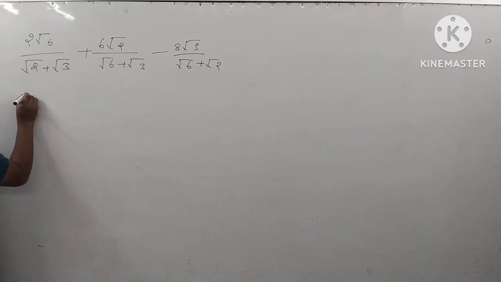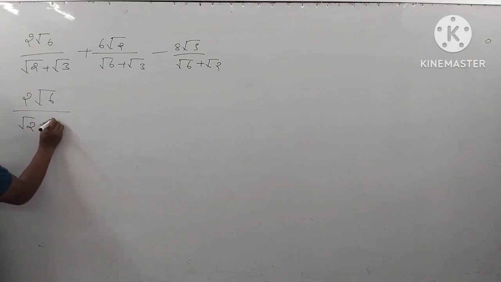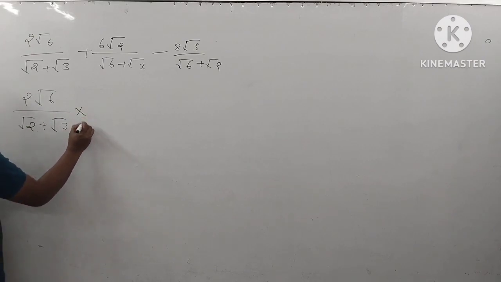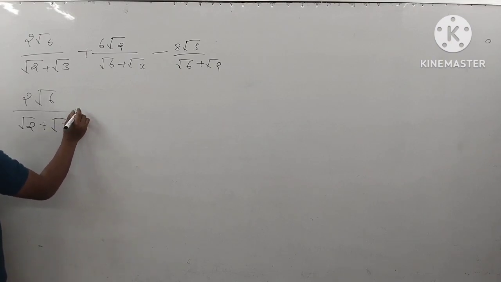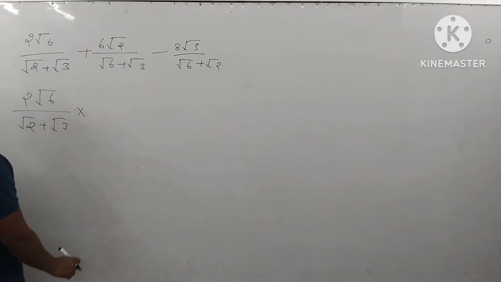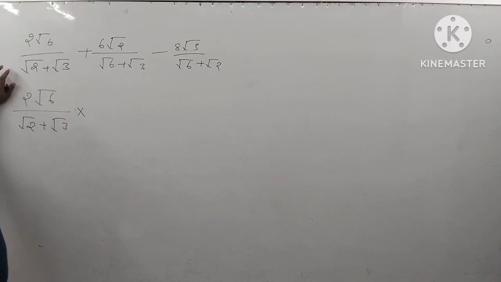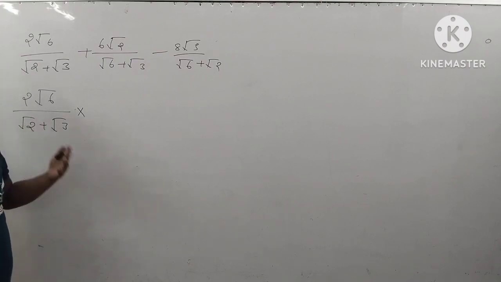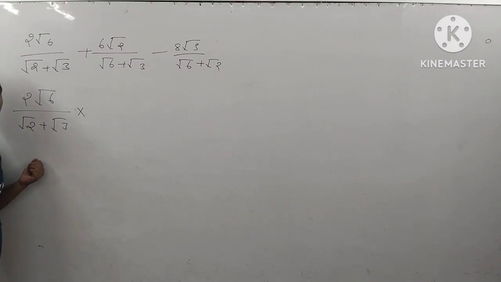First of all, you write 2 root 6 divided by under root 2 plus under root 3, and multiply by the rationalizing factor. If we want to rationalize these denominators, then we have to multiply numerator and denominator by the rationalizing factor of the denominator.